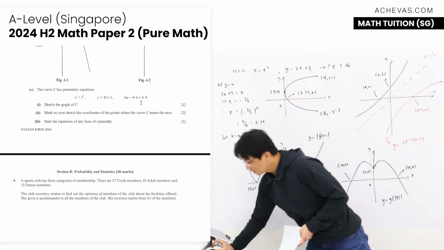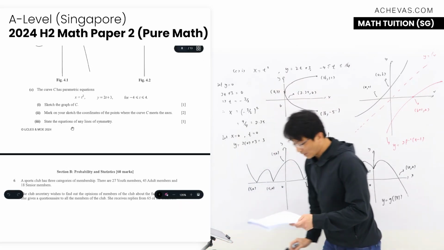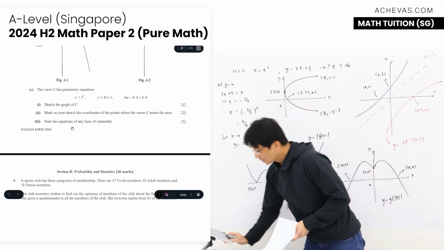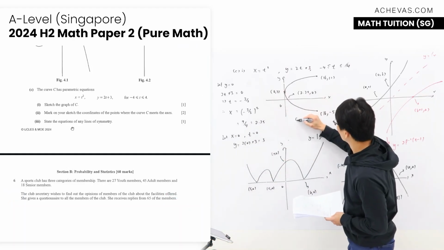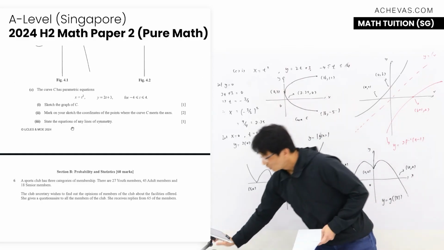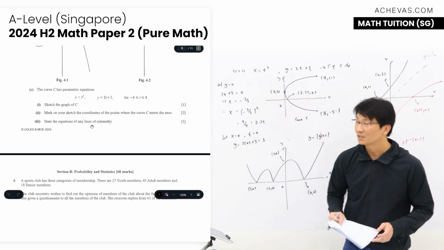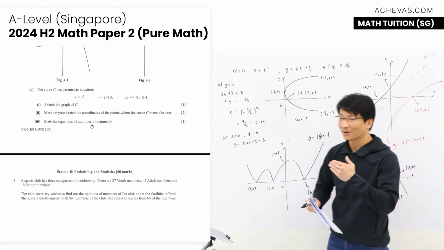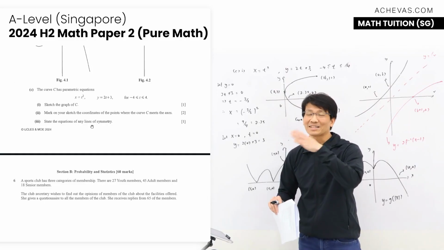Okay, and finally, for part 3, maybe I can just label this as curve C. Part 3 says state the equations of any lines of symmetry. Lines of symmetry means when you place that line across, the curve will be symmetrical, like it acts like a mirror.